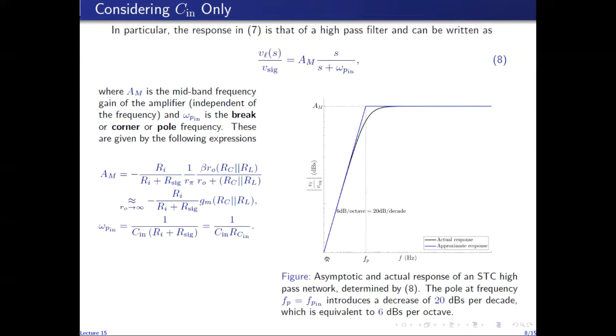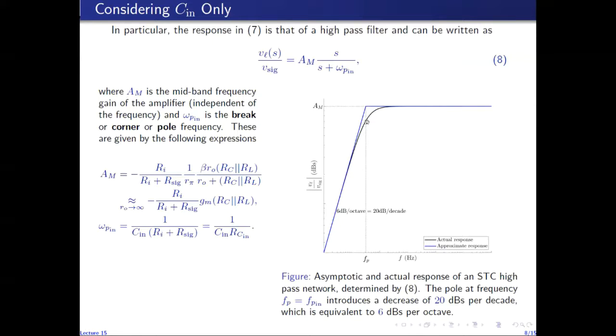So this black curve here is the actual response, the plot of this equation given in 8. You can see that it represents a high pass filter. It passes all the frequencies which are greater than FP here. So FP corresponds to the cutoff frequency. It is the pole frequency, which is equal to the cutoff frequency.